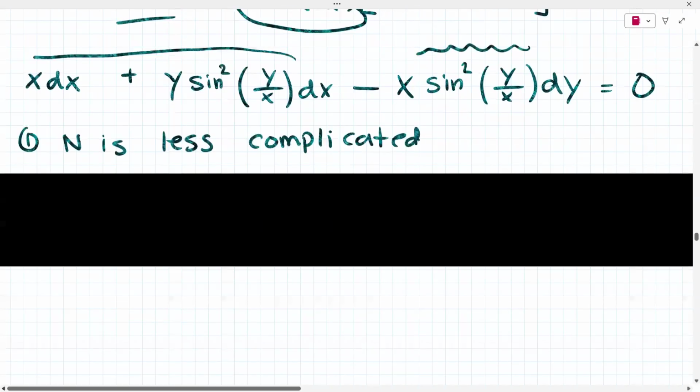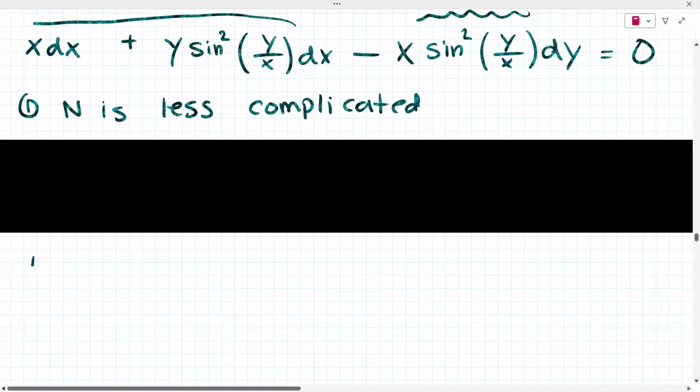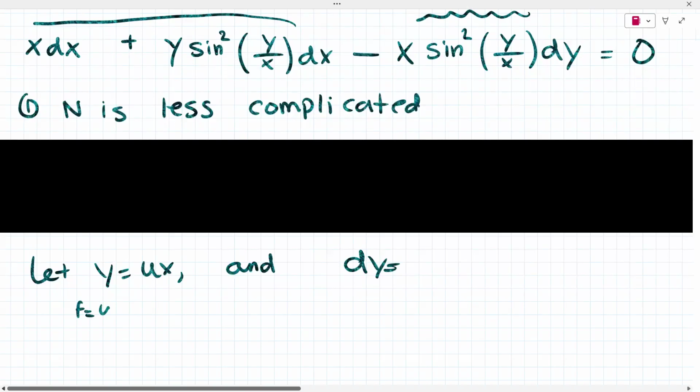So what we would do is let y equals u of x, and dy is the derivative of this. So how do you take the derivative of this? Product rule, right? Your f is u and your g is x. So my f prime is du and my g prime is dx. So my dy is going to be u dx plus x du, right?